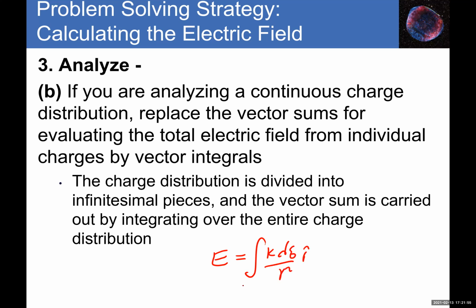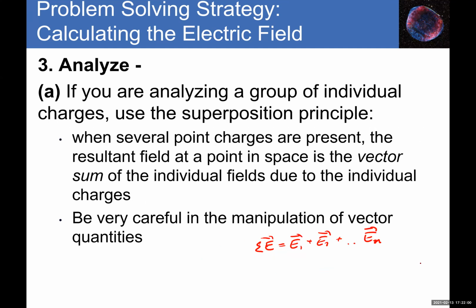So you use this equation to integrate, where each electric field can be given in terms of k q over r squared. If it's electric field 1, it's kq1 over r1 squared.